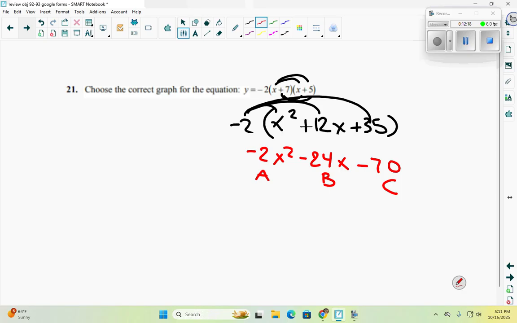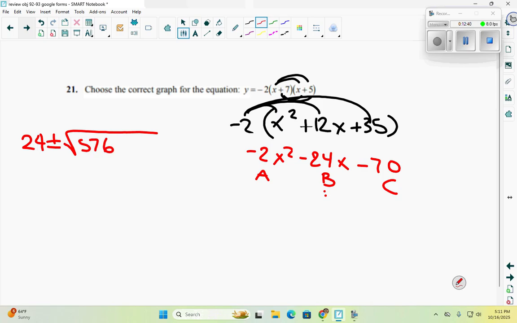Plugging it into the quadratic equation, and again, you have this in your notes, it's a negative in the equation, but I'm plugging in a negative, so it's going to change it to a positive 24, plus or minus. Then squaring my B, a negative 24 times a negative 24 is 576.